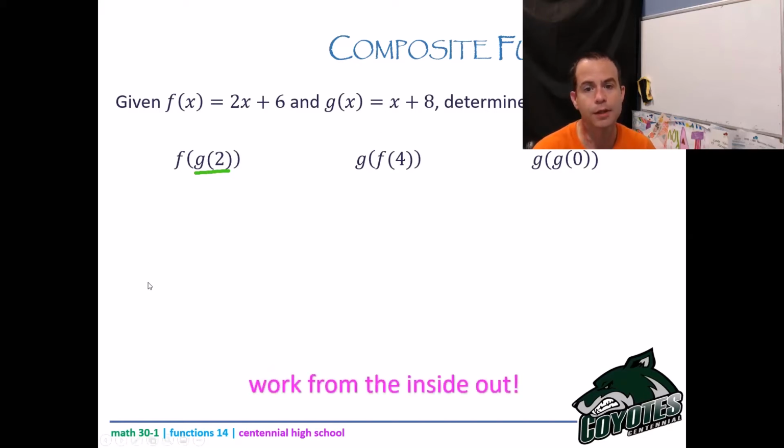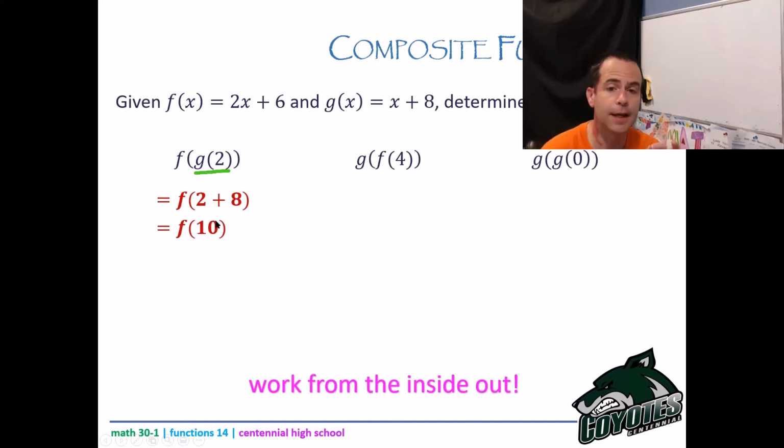So now I'm looking for f of 10. Now that I know that, I go to my f equation and plug in 10 for x. So I've got 2 times 10 plus 6, and that's going to give me 26. So f of g of 2 is 26.